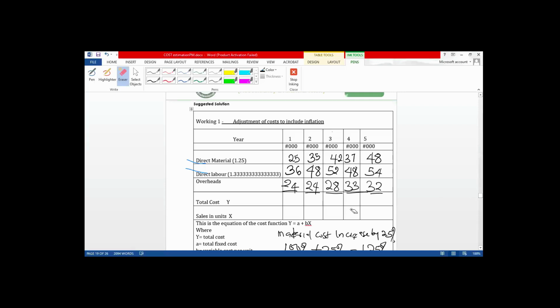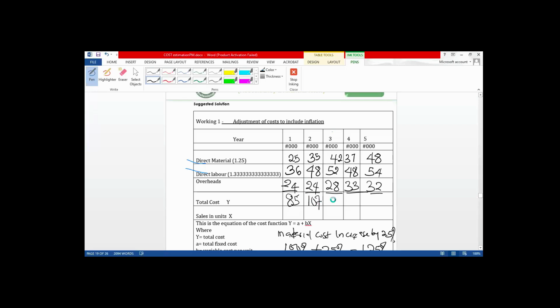Examiner says overhead costs have not been affected by price changes. So you pick your overhead cost figure as given in the question. When you are done, sum up your cost. 25 plus 36 plus 24 is 85. What do you have here? 107.